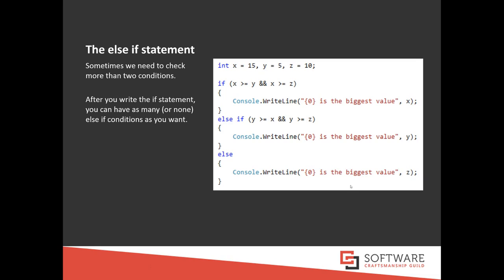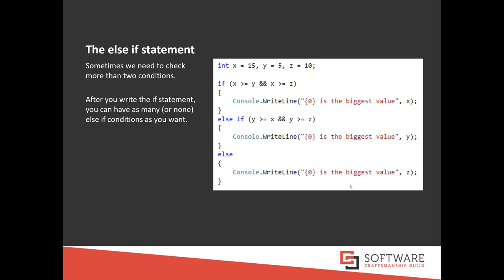Now we have three numbers. X is 15, Y is 5, and Z is 10. And let's say that we were writing a block of code to determine which of those numbers was the biggest. I can start out by saying if X is greater than or equal to Y and X is greater than or equal to Z, then the value of X must be the maximum.